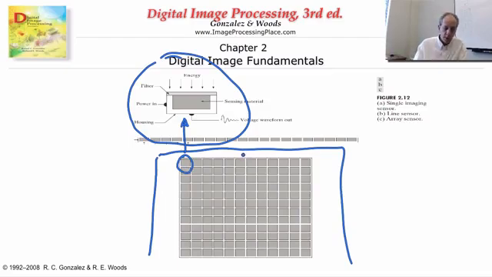We're going to talk a bit more about that in a second. It means that we have 1000 sensors in this direction and 1000 sensors in this direction, so a total of 1000 square sensors. So once again, light is reflected from objects, is projected into the camera, and is sensed by the camera.